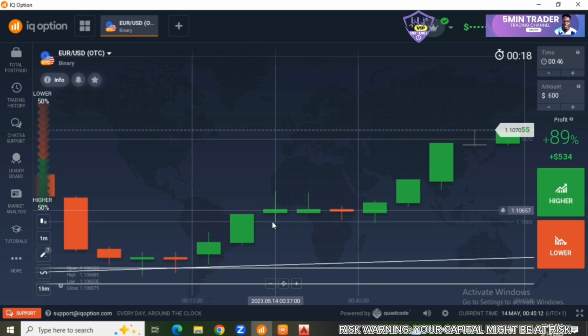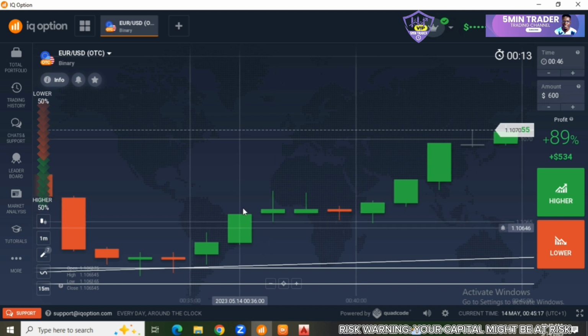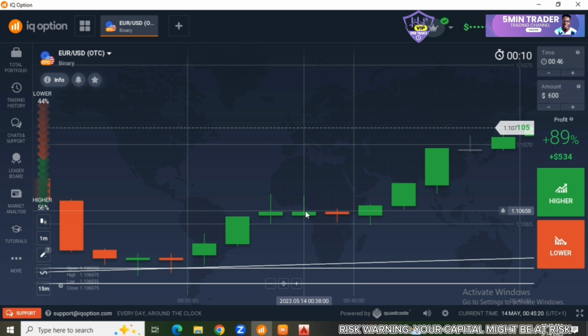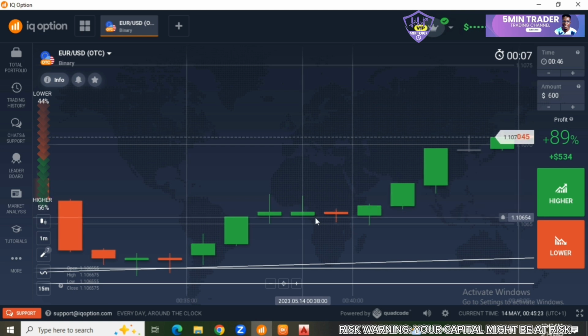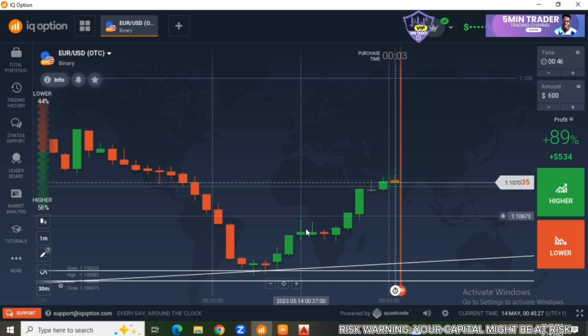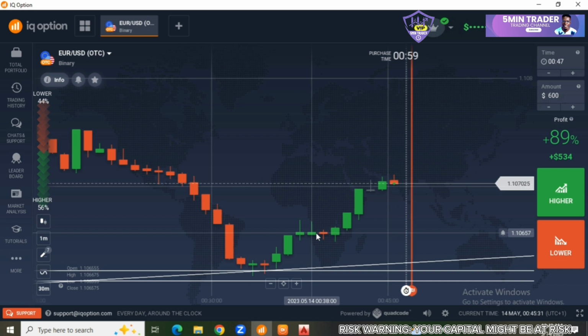I usually trade like that. I would have entered my trade on this candle, but instead I took my trade on this candle. But I was hopeful that the market would go in our direction. This was my prediction, but any slowness in the market, any loss of momentum in the market would have made me lose this trade.